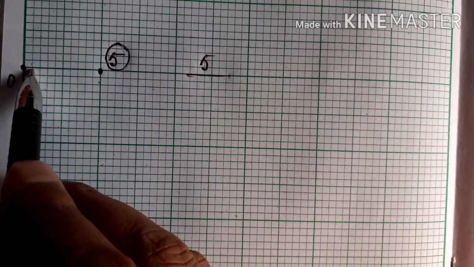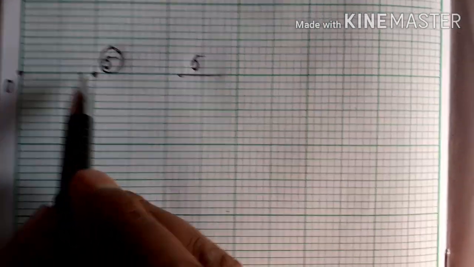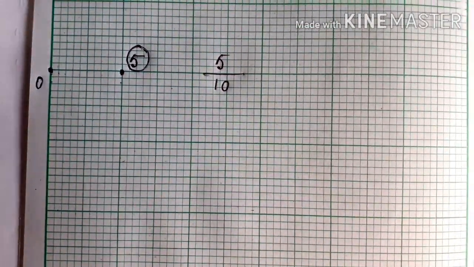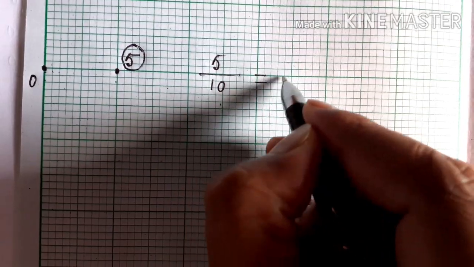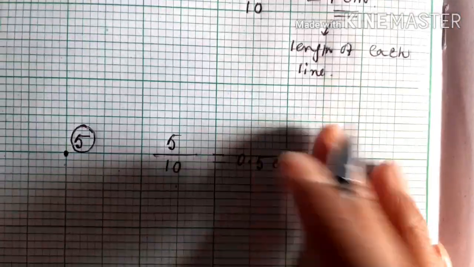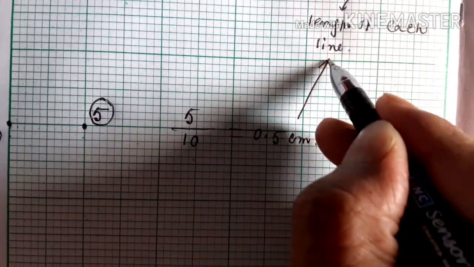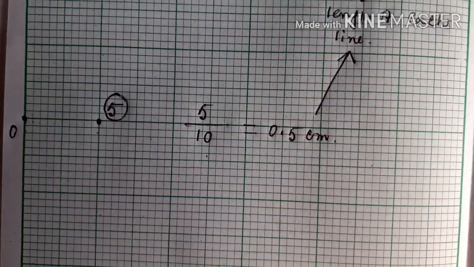You count, definitely 1 2 3 4 5 6 7 8 9 10 lines are there. So each line length will be 5 by 10, that is equal to 0.5 centimeter. Each and every line length will be 0.5 centimeter.